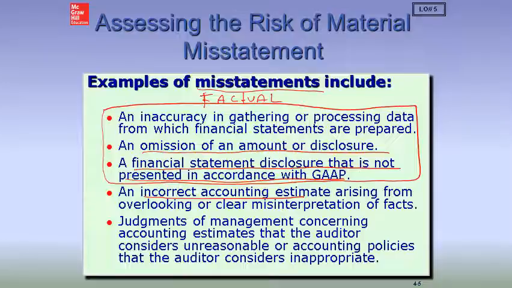We go and inspect that truck to take a look at it, and we believe that this truck only has a 2-year life. Well, who's right? Maybe management's right, maybe we're right, but the auditor has to use their best judgment, and if we have a difference of opinion in terms of accounting estimates, then that would be considered a judgmental misstatement.